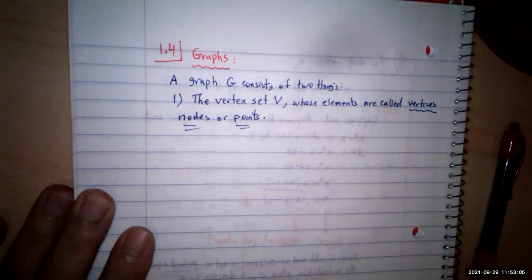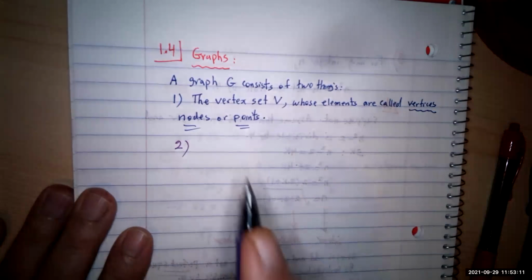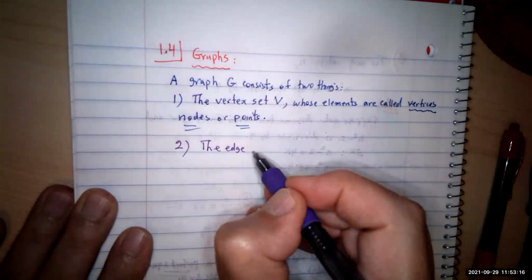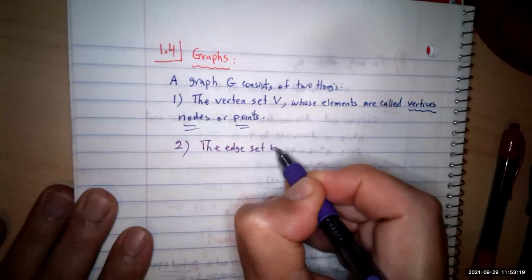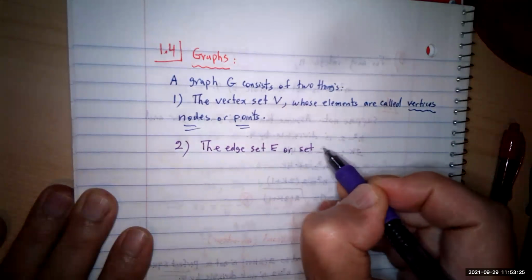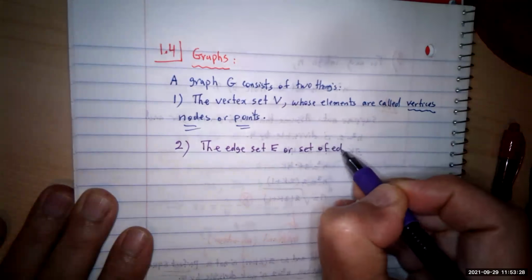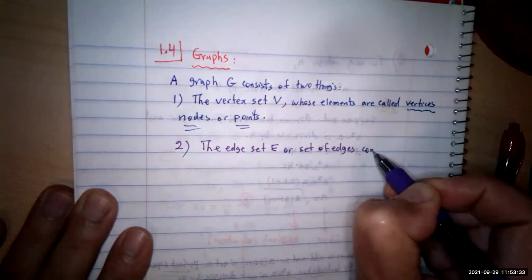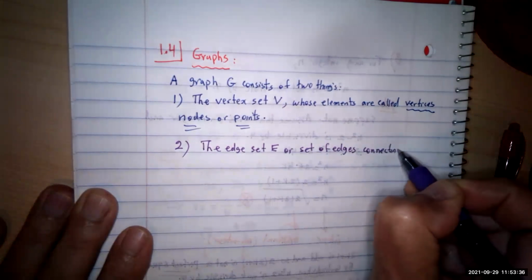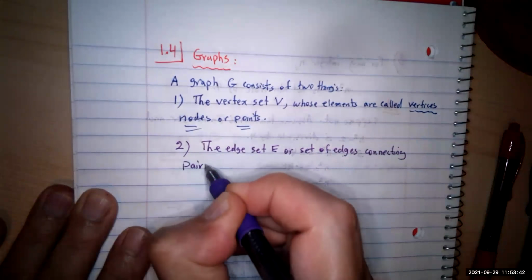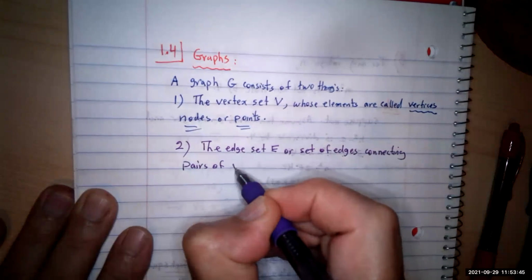Okay, that's one, but there are going to be lines between these. So the second part is going to be the edge set E, or the set of edges, connecting pairs of points, okay, pairs of vertices.